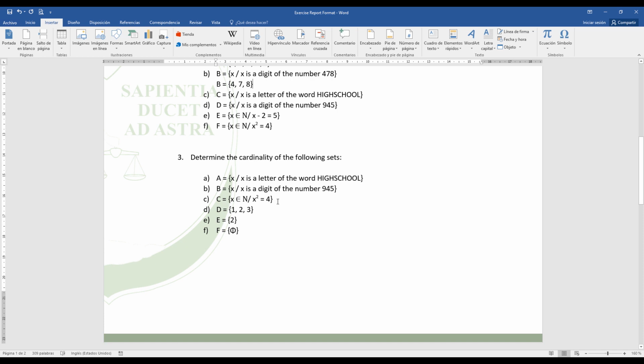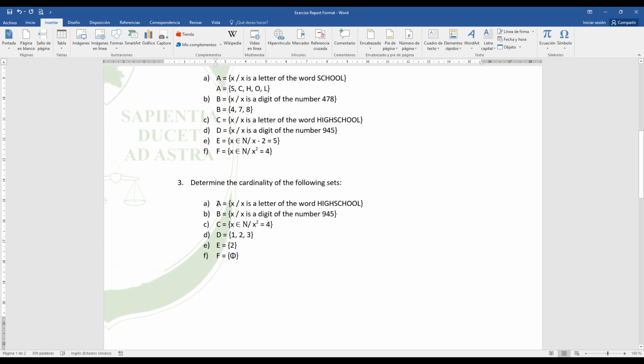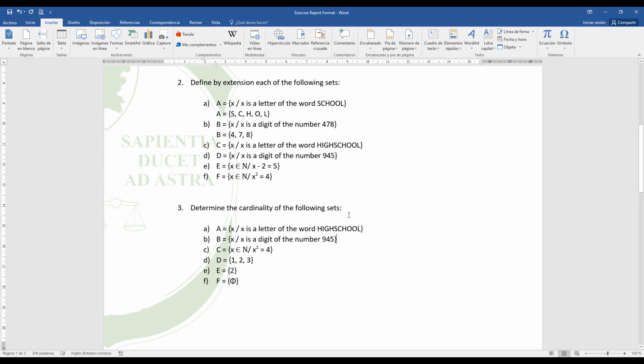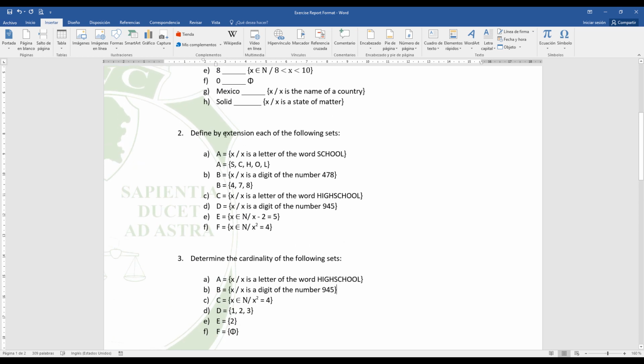Then exercise number 3: determine the cardinality of the following sets. If you check here, it is defined by comprehension, so you need to express it by extension first.